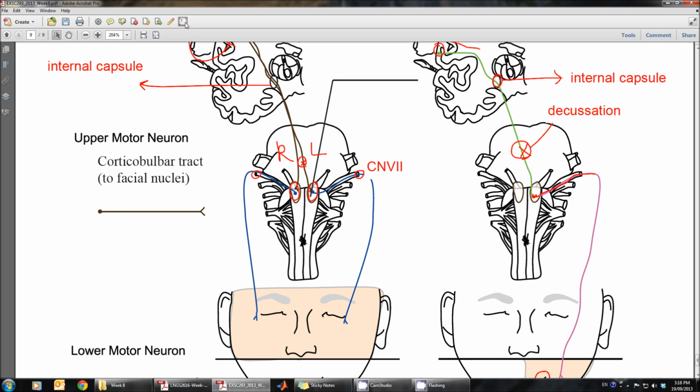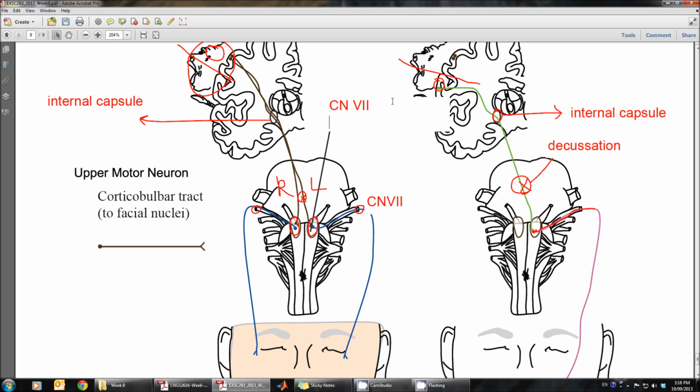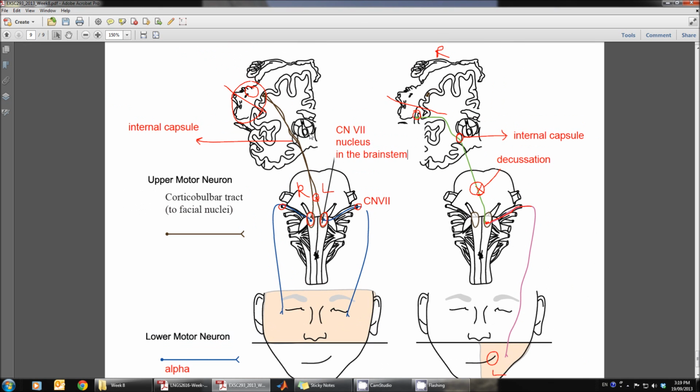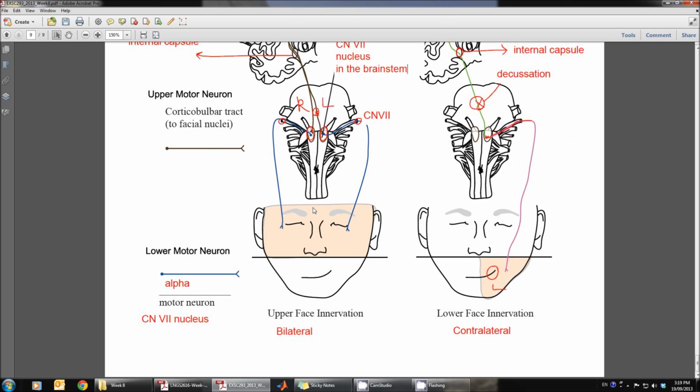And the area where you can find the soma of the lower motor neuron is our cranial nerve number 7 nuclei in the brainstem. So that's our corticobulbar tract. The example is for the facial expression, so bilateral for upper and contralateral for lower motor neuron.